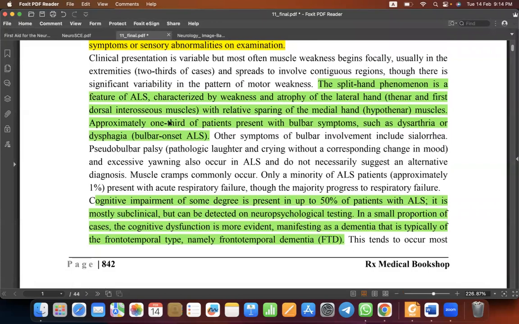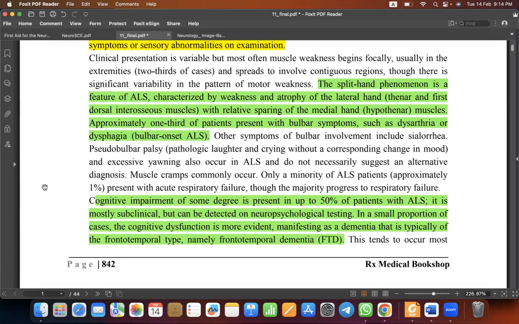Now, approximately one third of cases have bulbar syndrome, like dysarthria, dysphagia, and tongue fasciculation as well. So whenever we see tongue involvement or dysarthria, we should not always think only of progressive bulbar palsy. It could be amyotrophic lateral sclerosis also. A good number of cases of ALS have bulbar muscle onset.